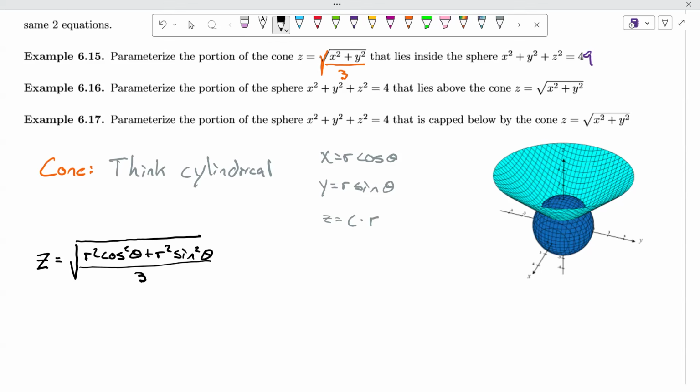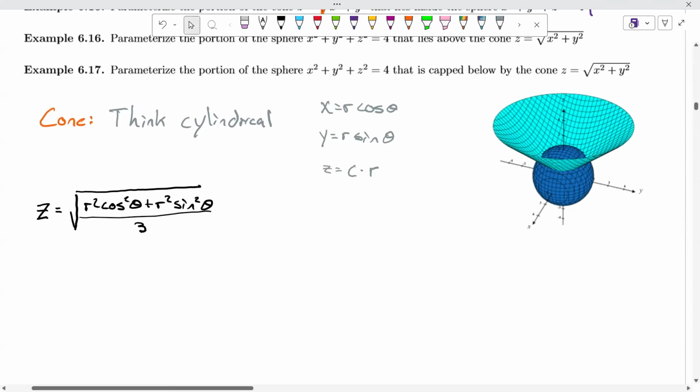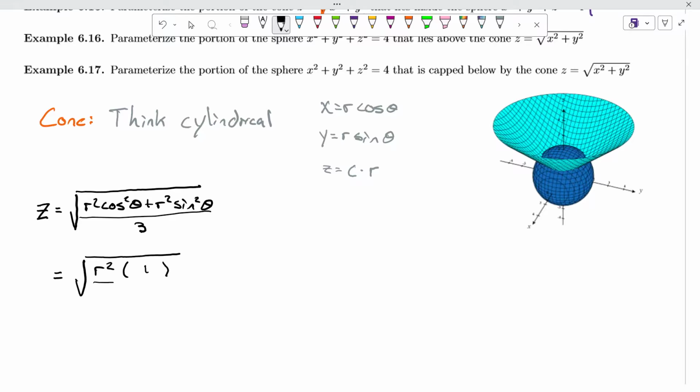I can just replace x and y with r cosine theta and r sine theta. So this ought to look like the square root of r squared times 1, all over 3, which in turn is 1 over the square root of 3 times r, since I'll just take the square root of r squared and get r.